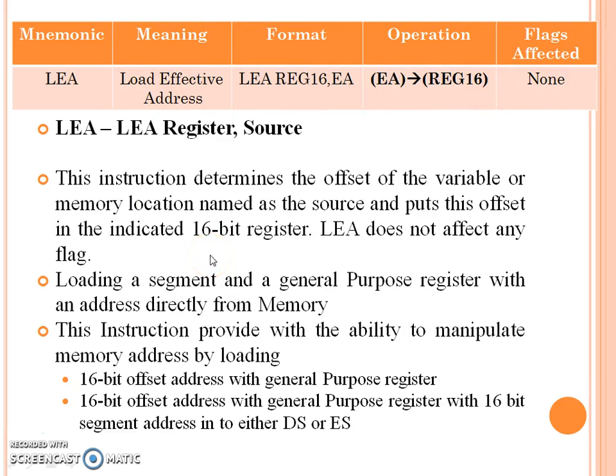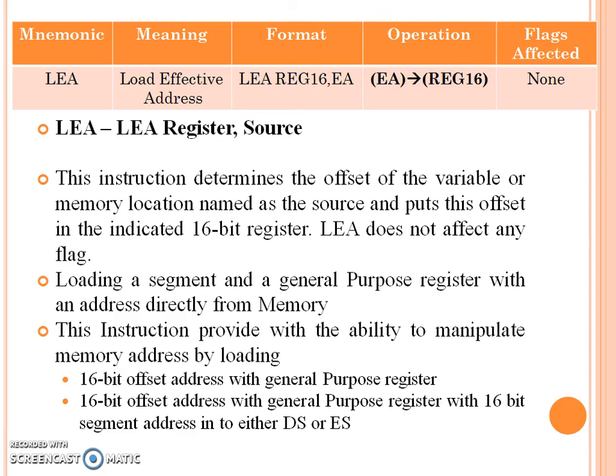The next instruction is LEA instruction, which loads a general purpose register with an address directly from the memory. This instruction provides the ability to manipulate memory address by loading a 16-bit offset address into a general purpose register.